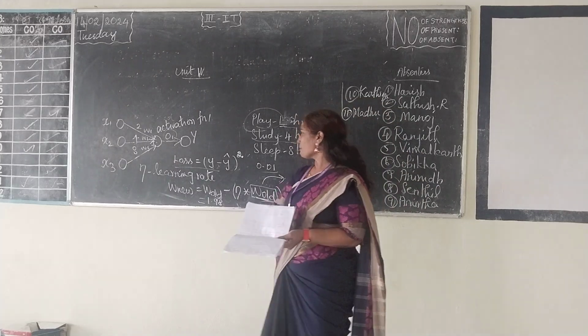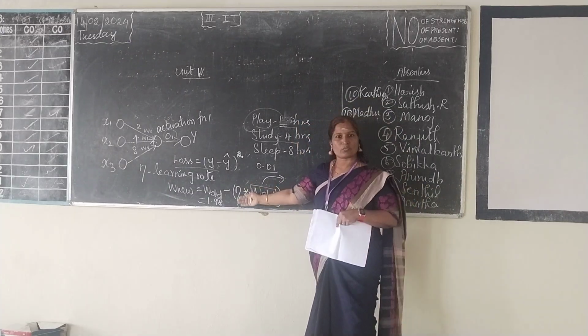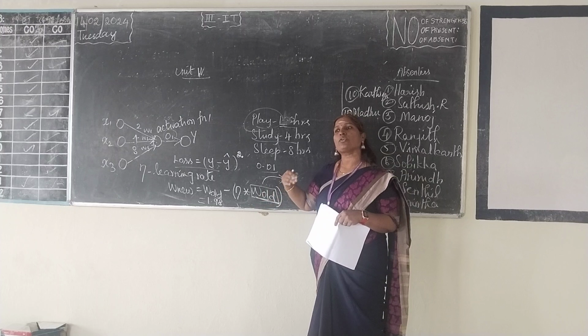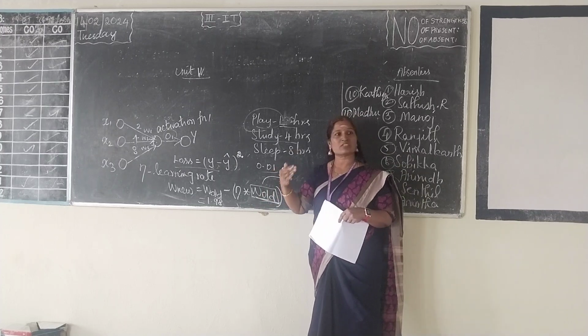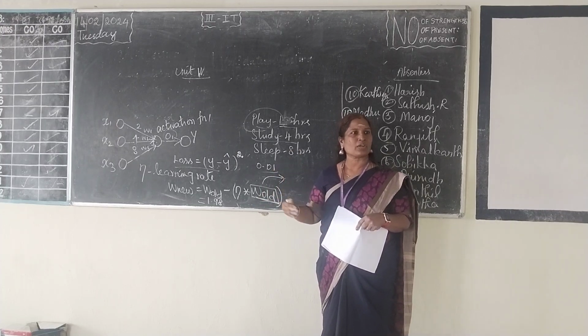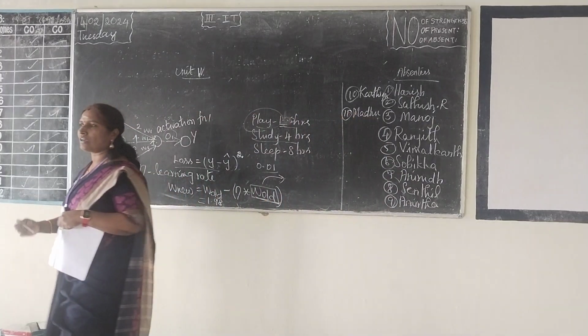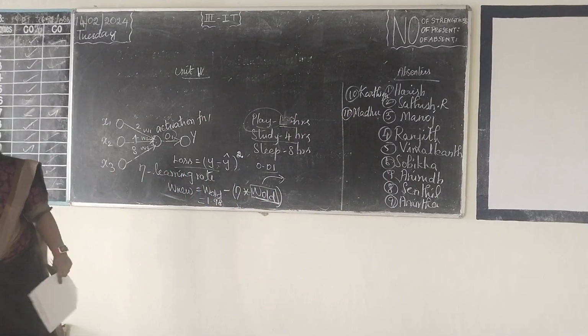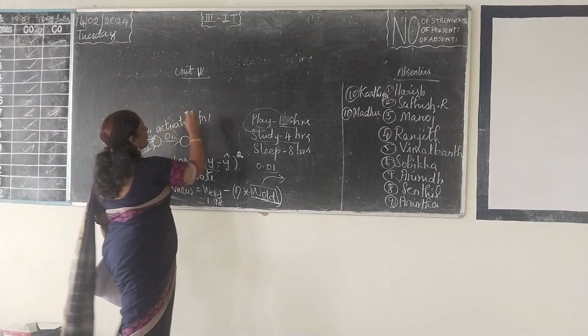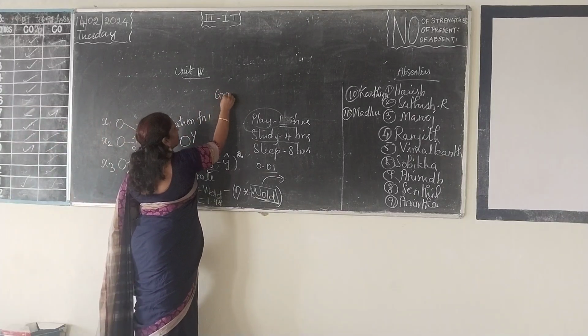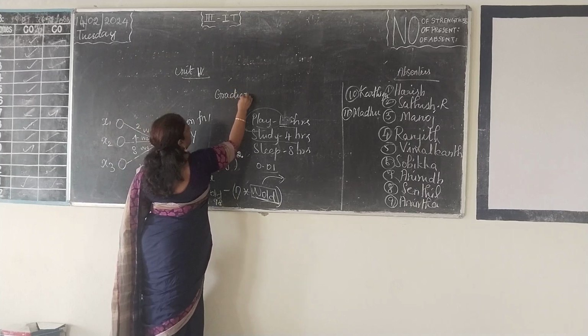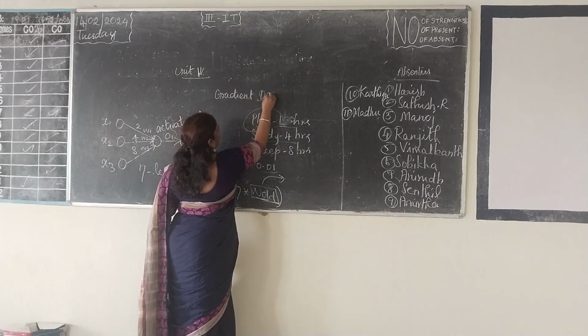Now how do I optimize this weight or reduce the loss? How will I get the accurate result? There are various ways to reduce the loss or to optimize the weight, and one very important learning method is gradient descent.